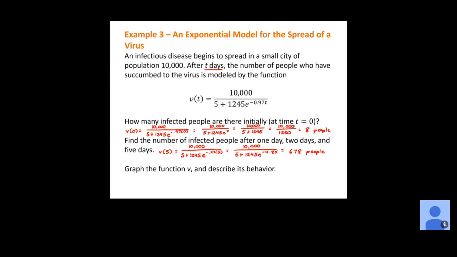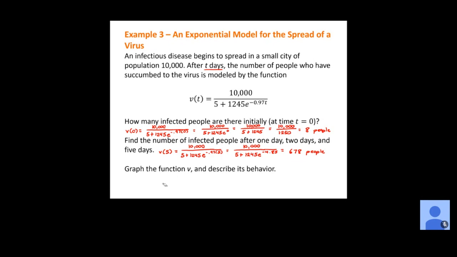And again, if you wanted to do a table of values for 1 and 2, you would just change that 5 to a 1 and a 2, and you'd get those values for how many people there were. Okay, but just notice here, starting with 8 people infected, after just 5 days, less than a week, we're already up to 678 people infected. So that's how this exponential growth with a virus actually works.